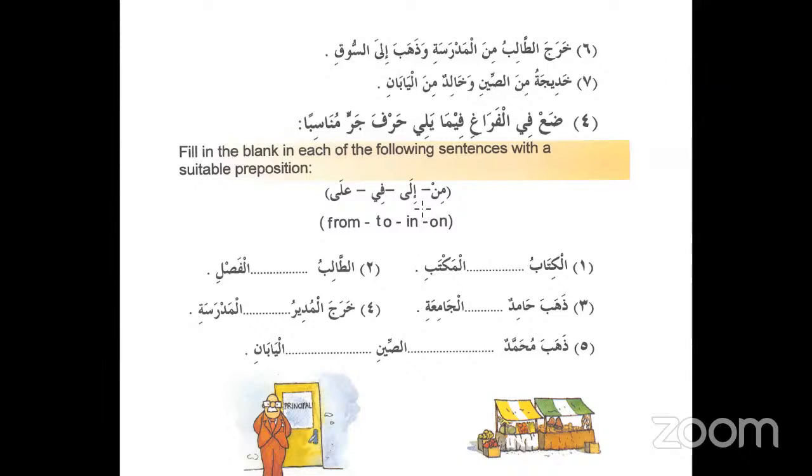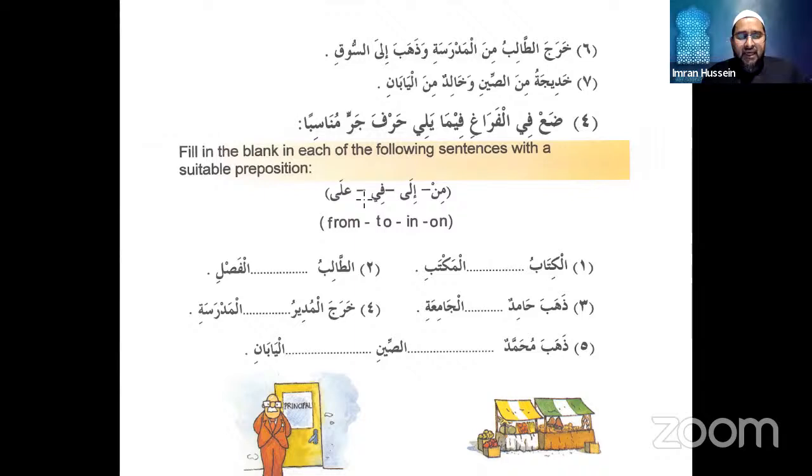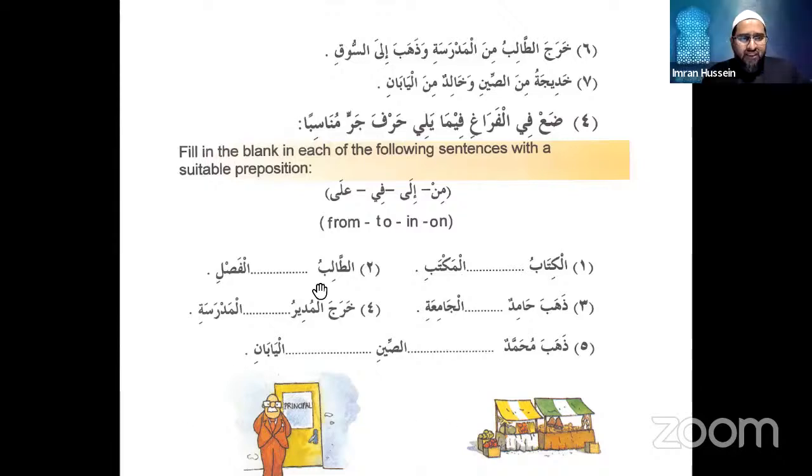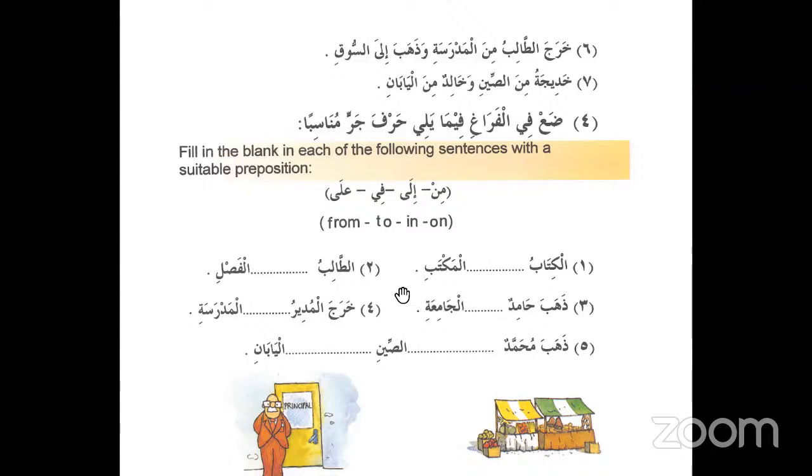Min means from, ila means to, fi means in, ala means on. Sister Amelia, can you come on the mic? I want you to do 1 and 2. Bismillahirrahmanirrahim. Al-kitabu ala al-maktabi, the book on the table. At-talibu fil fasli.